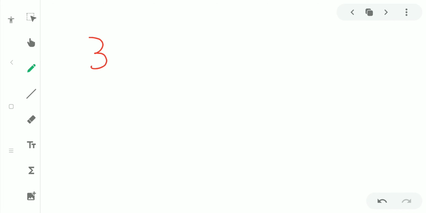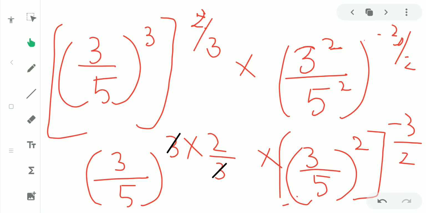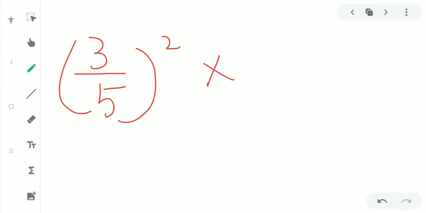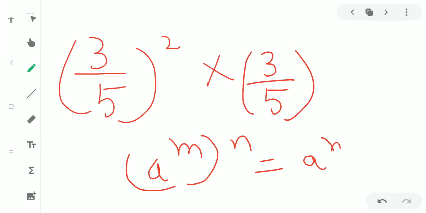3 by 5 whole square multiplied with 3 by 5 whole power. I will apply the same formula, that is a power m whole power n is equal to a power m multiplied with n.